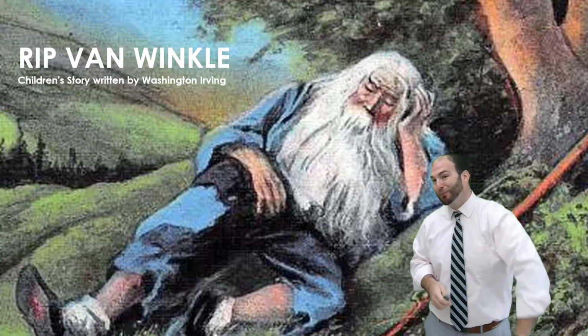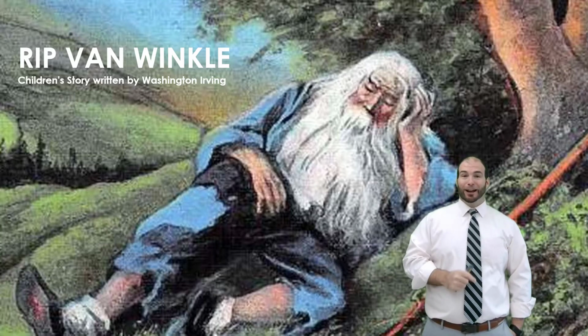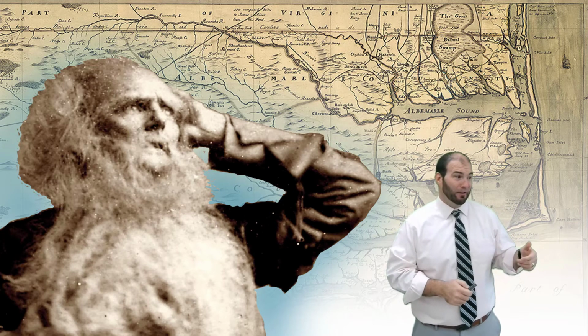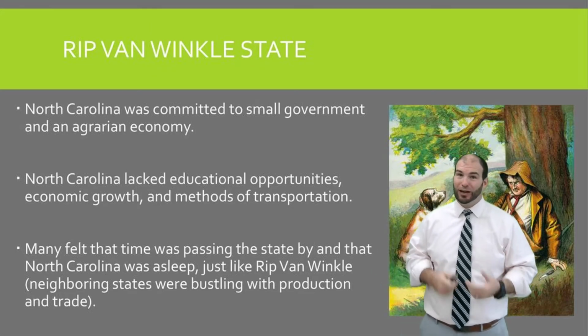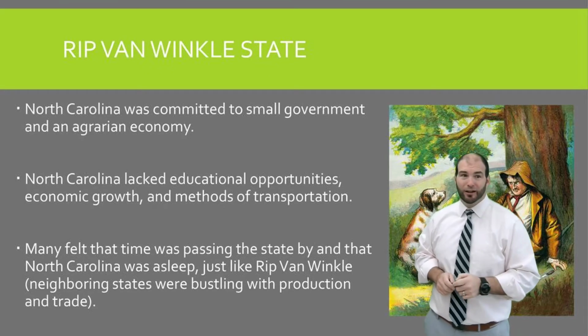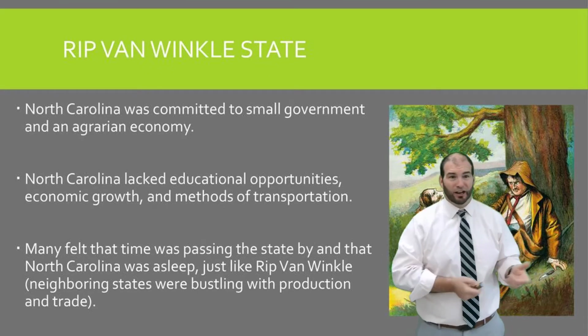The reason that's really important now is North Carolina gets nicknamed by the rest of the country the Rip Van Winkle State. That's what the rest of the country calls North Carolina in the 1800s. Now the reason for that is because North Carolina was committed to small government and an agrarian economy.